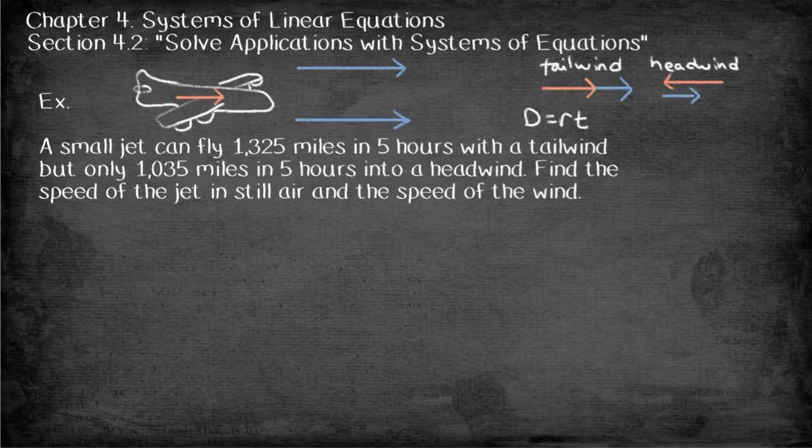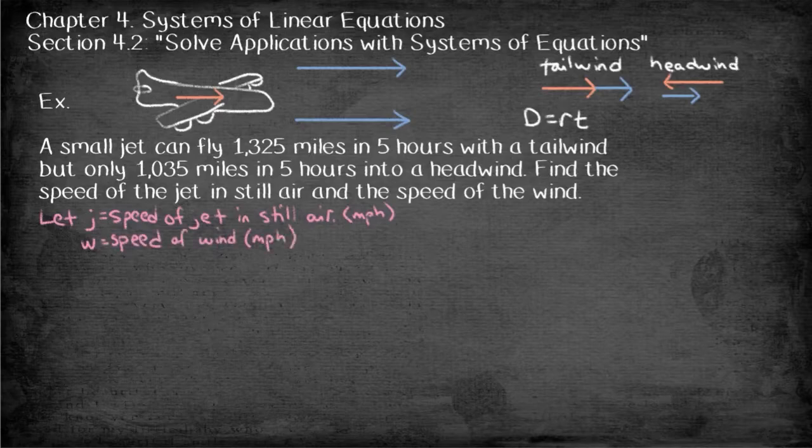Now I need to name these variables. So let's let J be the speed of the jet in still air. And we'll let W be the speed of the wind. Right, so as before, we're going to have two equations, one with the tailwind and one with the headwind.